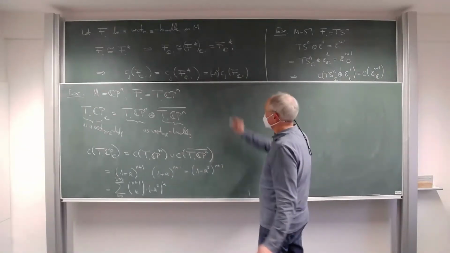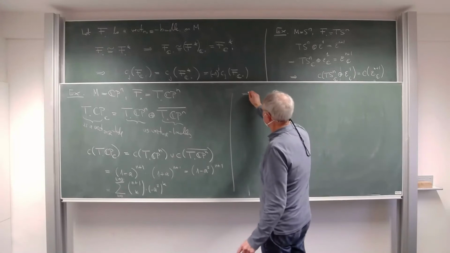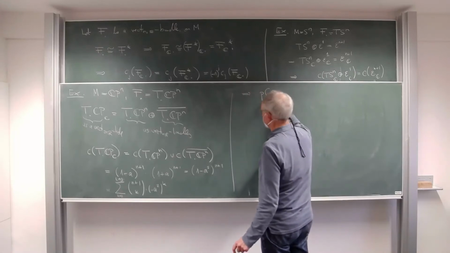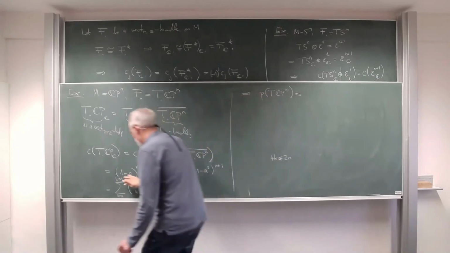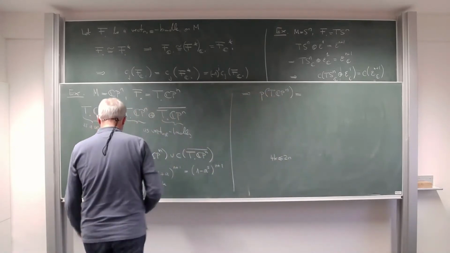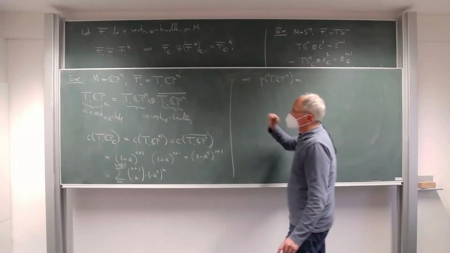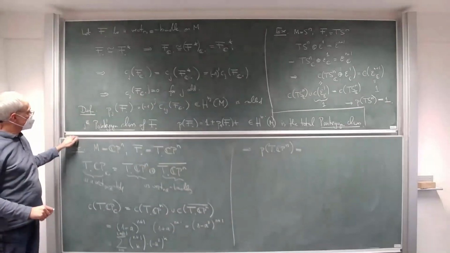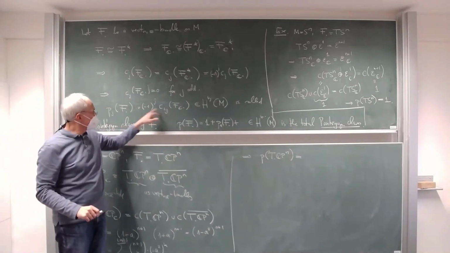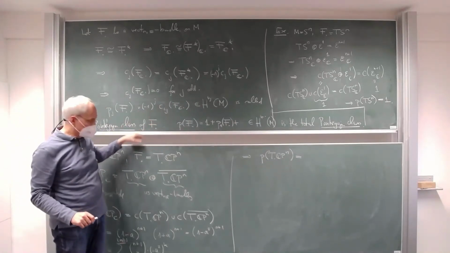And for the Pontryagin class of TCP^n, the sum goes up to n over 2, yes. Okay, so for the Pontryagin class we have to do one more thing, right? So it's not exactly the Chern class of the complexification. We have this additional sign flipping here.